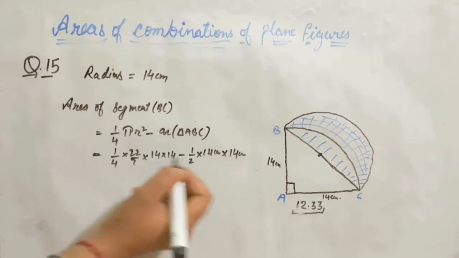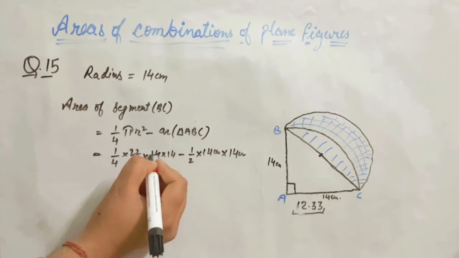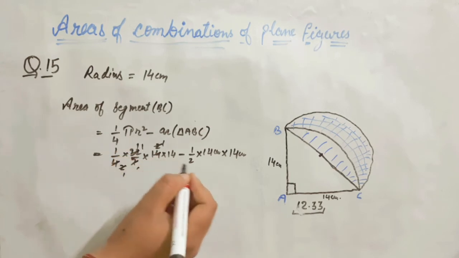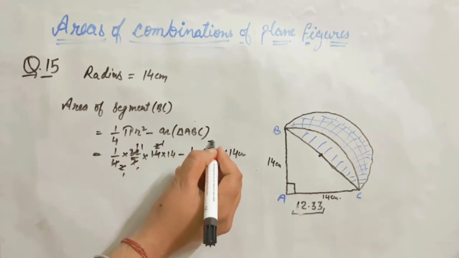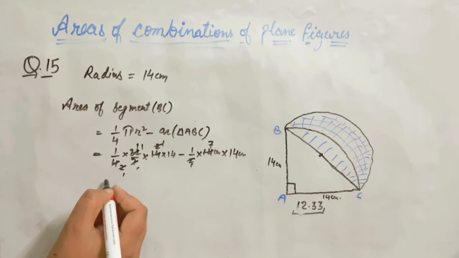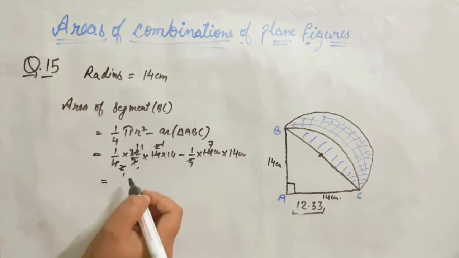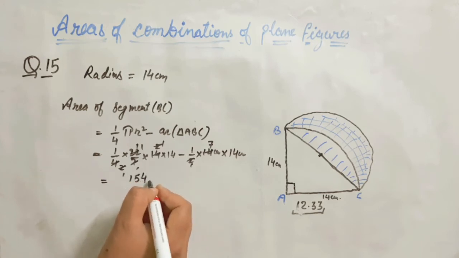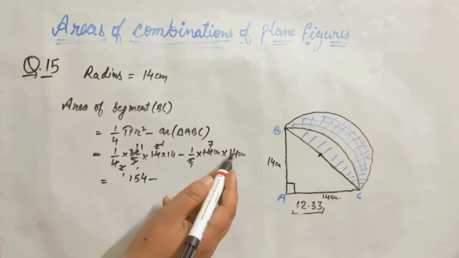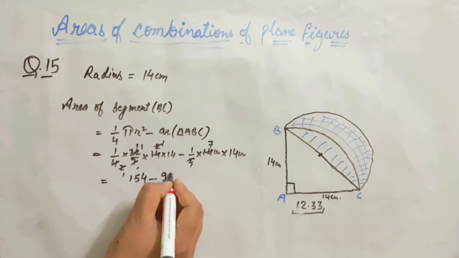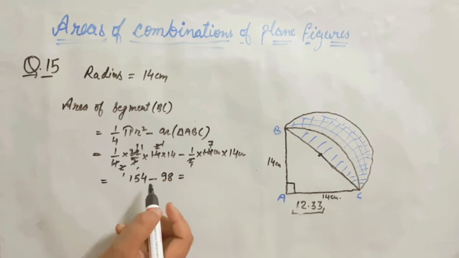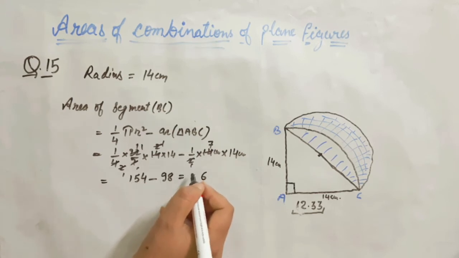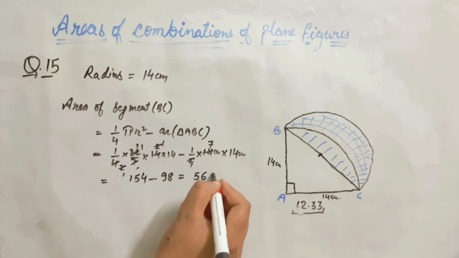So let us calculate it. 7 2s are 14, 2 1s are 2, 2 2s are 4 and 2 11s are 22. Same here, 2 7s are 14. So this will be equal to 14 into 11 will be equal to 154, minus 14 into 7 will be 98, and will be equal to 56 centimeter square.